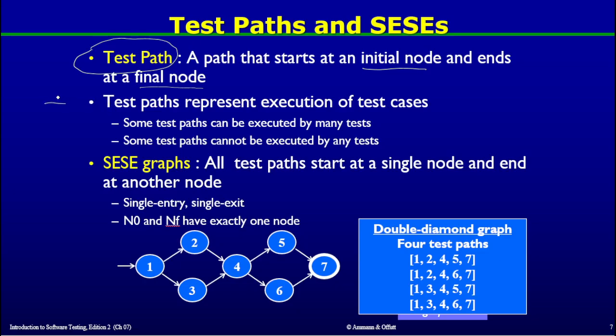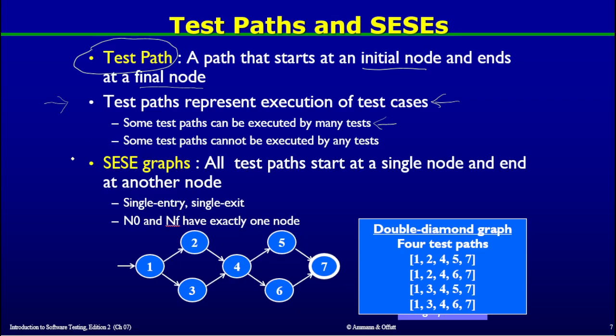So that is further elaborated here, that test paths represent execution of test cases, and it is possible that some test paths can be executed by many tests. For example, yes, it certainly is possible that you can give a certain set of data values to a program that executes certain parts, and it is possible that a certain path can be executed by more than one set of data values.